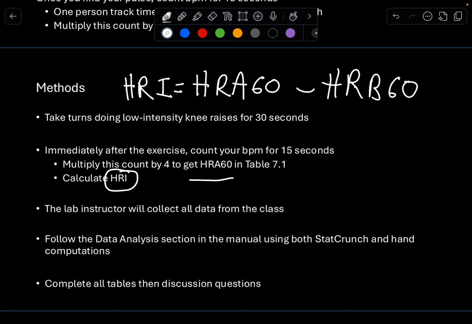In 7.3, you can transfer over that data into StatCrunch. Since you should be comfortable now calculating these things, you can use StatCrunch to calculate descriptive statistics for HRA 60 and HRI. You'll get the sample mean, the sample median, standard deviation, things like that. And then in 7.4, you will get a confidence interval for mean HRI.